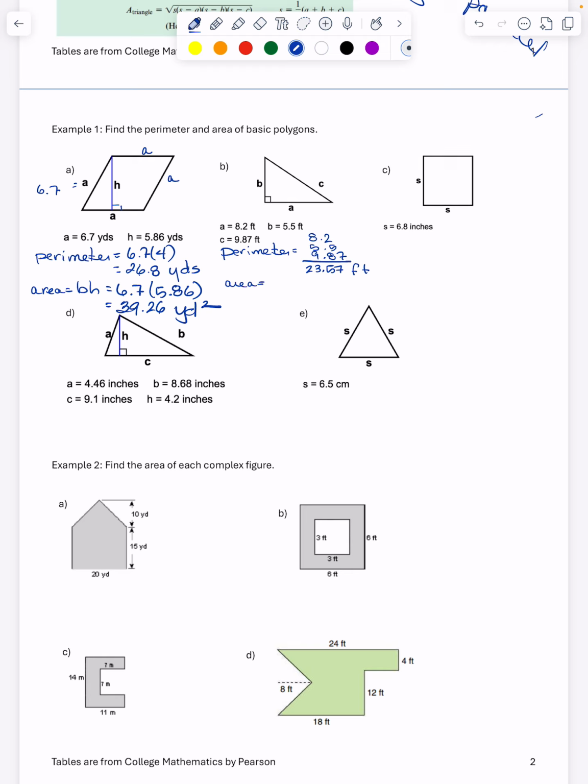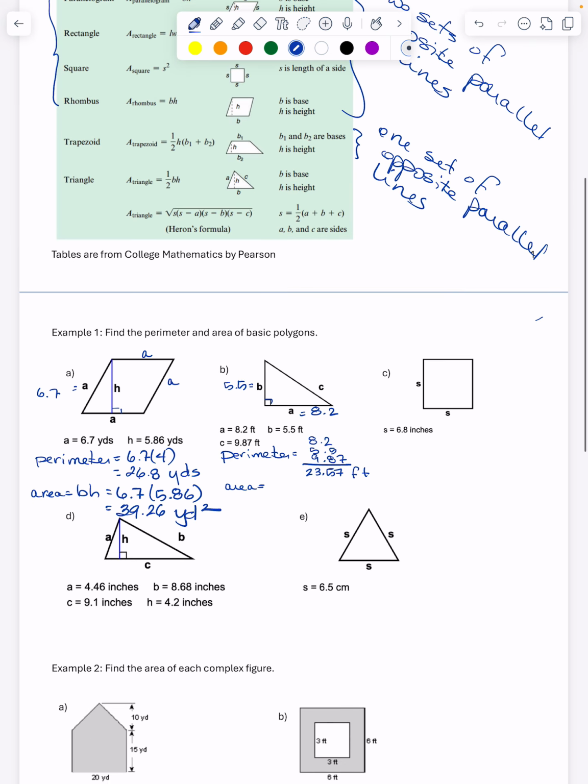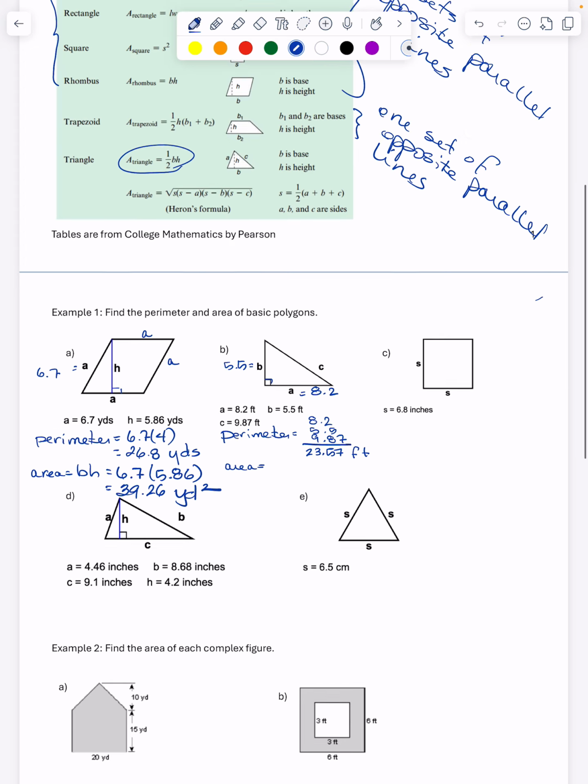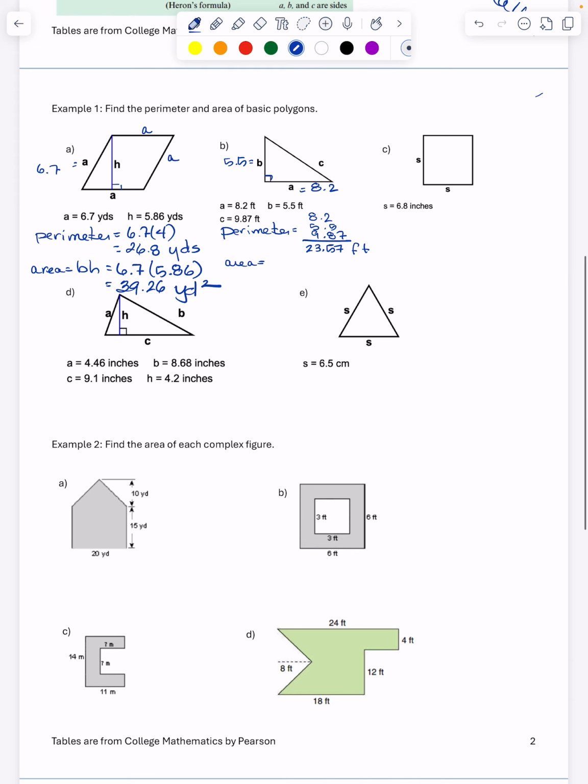Area is base times height. And these are the 2 sides that have to be perpendicular. So here, A is 8.2, B is 5.5. We've got this right angle between them. So the area of a triangle right here is 1/2 the base times the height.